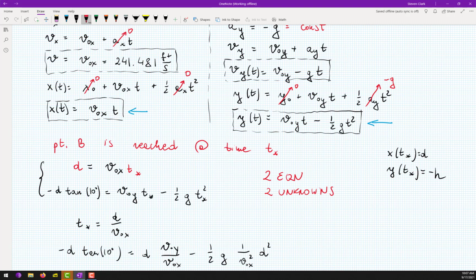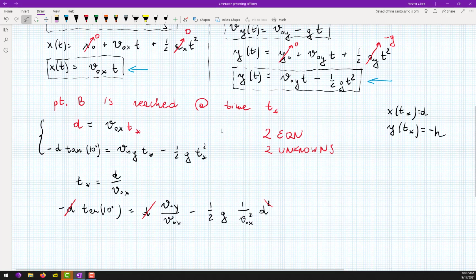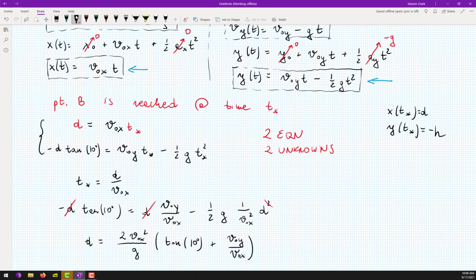Okay, d cancels out almost everywhere, and our d has this expression: 2 v0x squared divided by g times tangent of 10 degrees plus v0y over v0x.